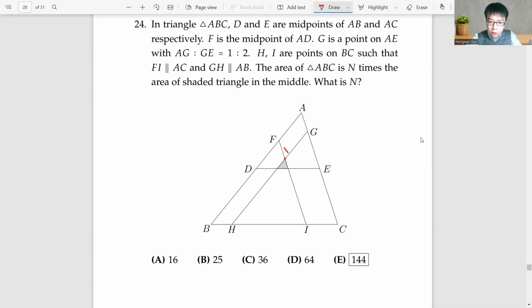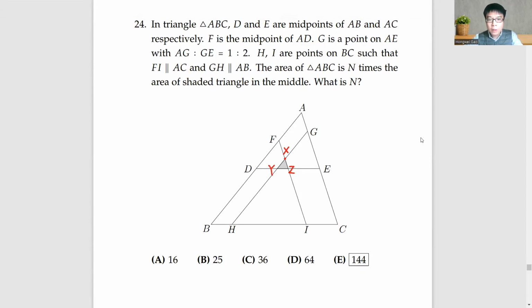Let me call this x, y, z. Now we're looking for the ratio of the area of triangle ABC and the area of xyz. So it's easy to see they are similar because the sides are parallel.